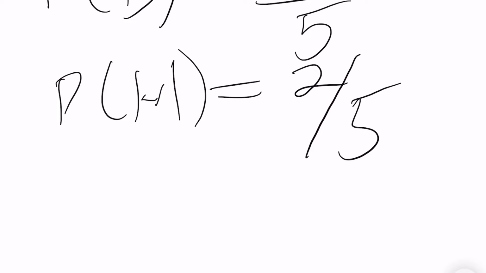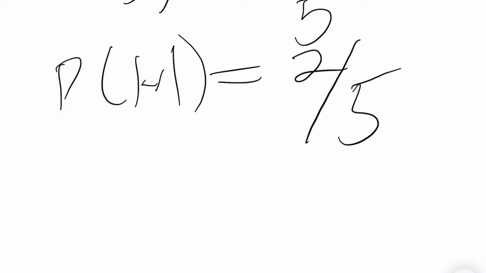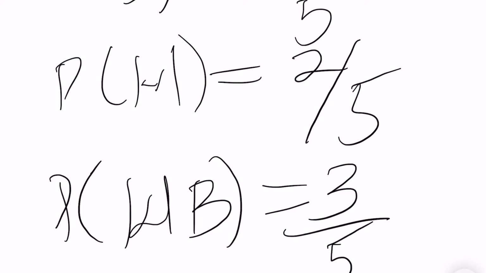So the probability of having white, black is now 3/5 times 2/5.